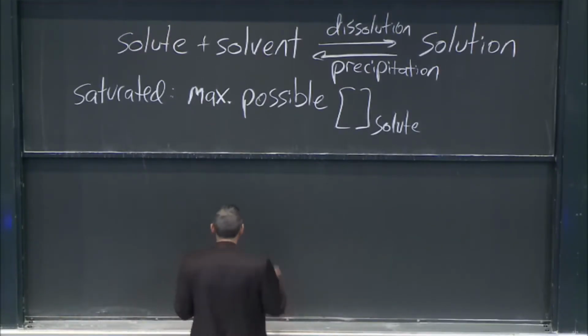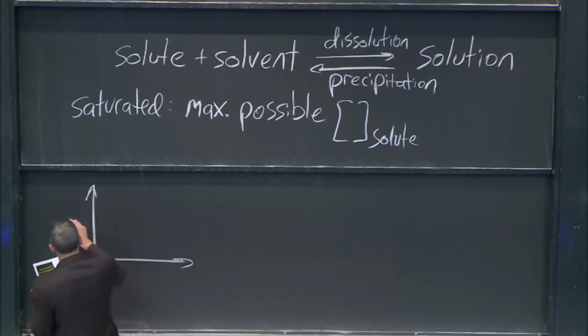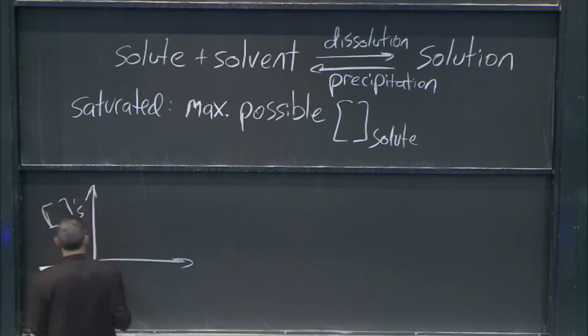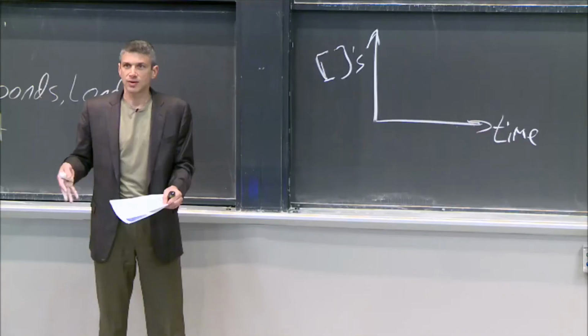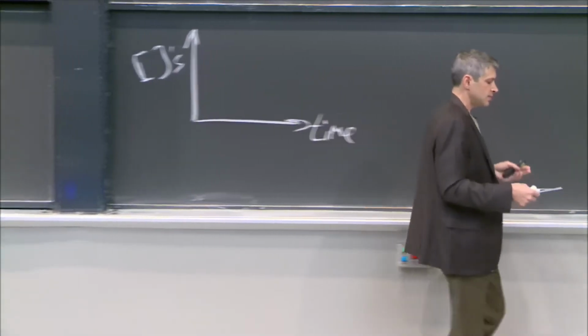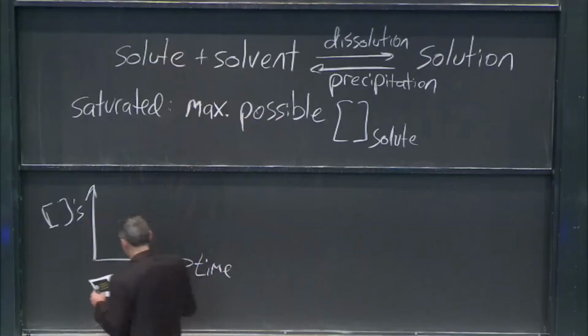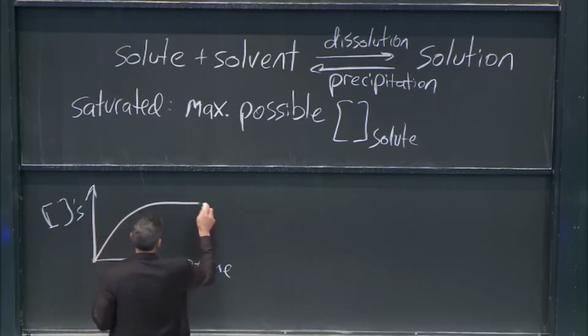And so if you think about this as a graph of concentrations and time, then maybe I have started, I put my salt, okay? I pour a teaspoon of salt in water, and the salt is dissolving, right? So it's going into the products. It starts out at 0 in solution, and then it becomes products.